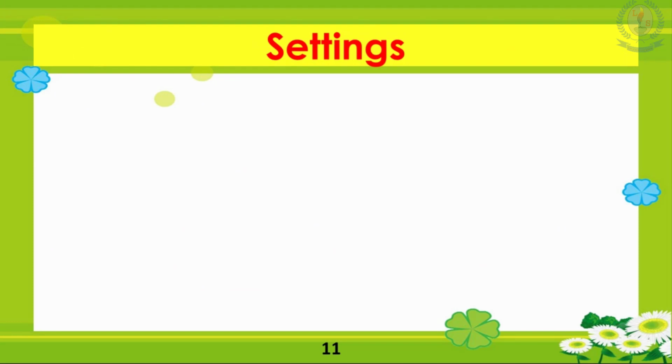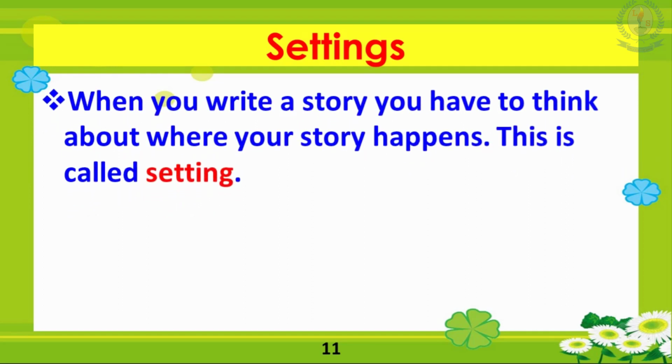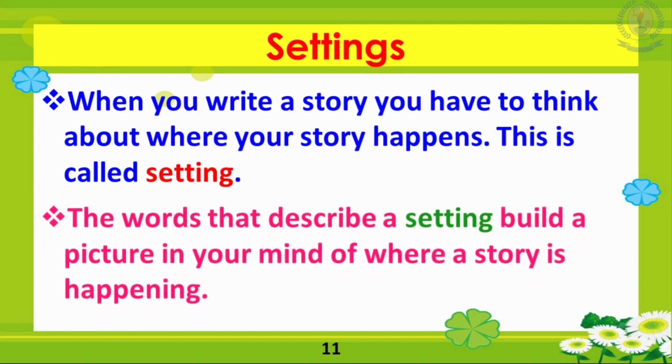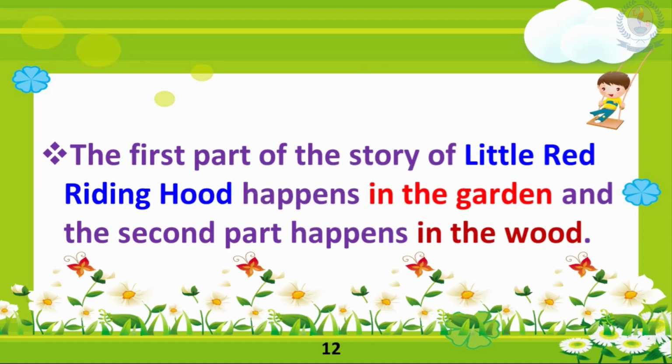Settings. Dear kids, what is a setting? When you write a story, you have to think about where your story happens. This is called setting. The words that describe a setting build a picture in your mind of where a story is happening. The first part of the story of Little Red Riding Hood happens in the garden, and the second part happens in the wood.